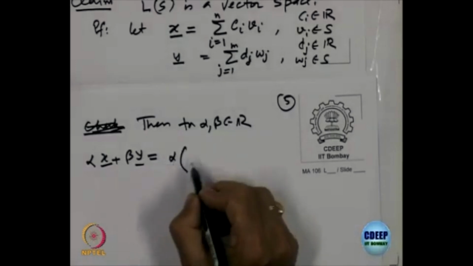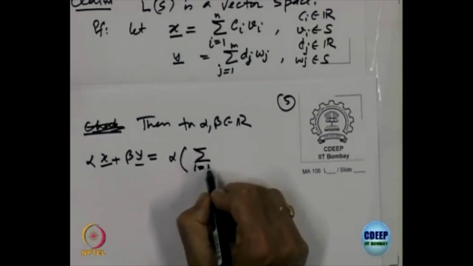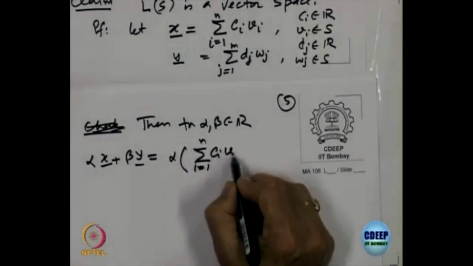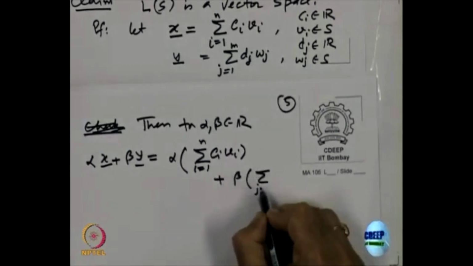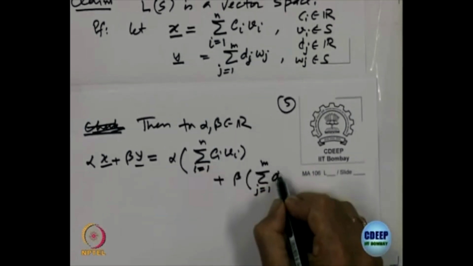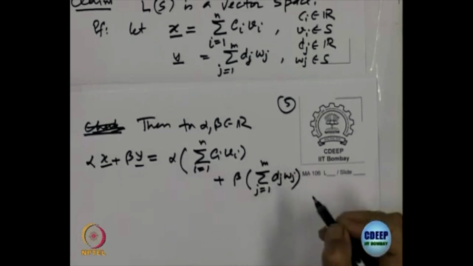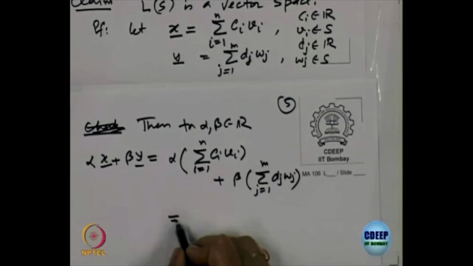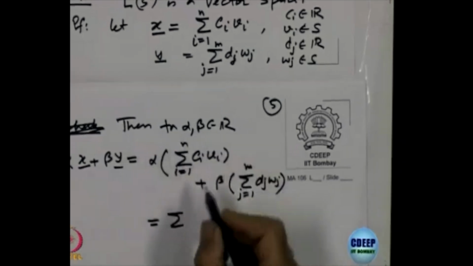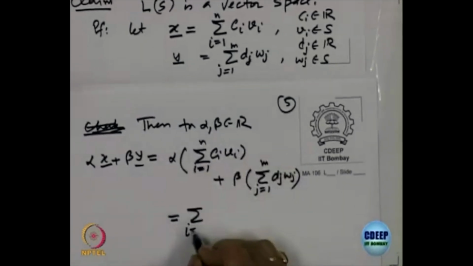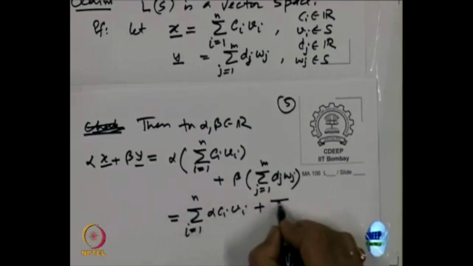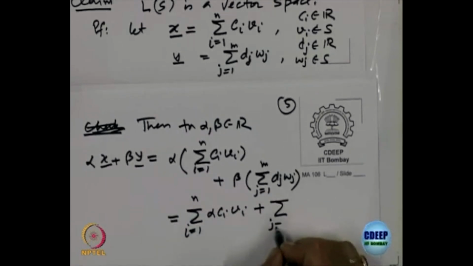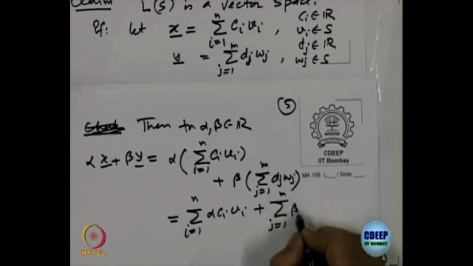This is alpha times sigma i equal to 1 to n Ci Vi plus beta times sigma j equal to 1 to m dj wj. But what is this? This is the same as, I can take alpha inside, so sigma i equal to 1 to n alpha Ci Vi plus sigma j equal to 1 to m beta dj wj.